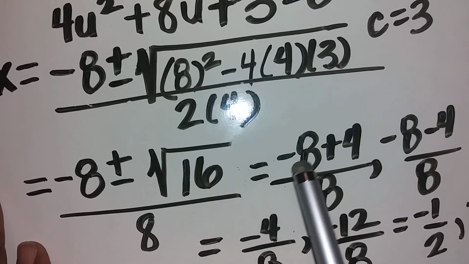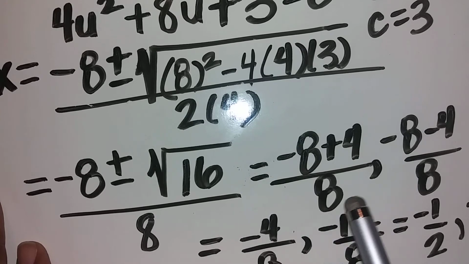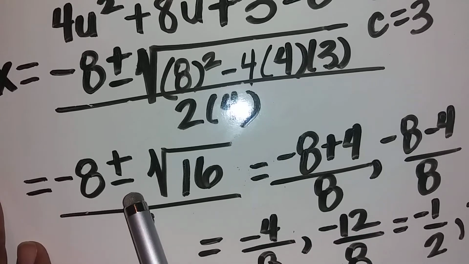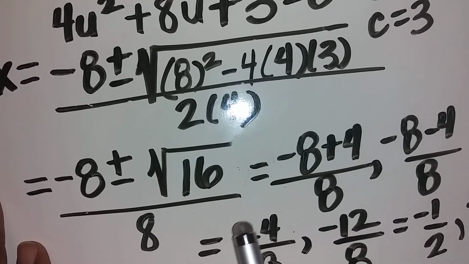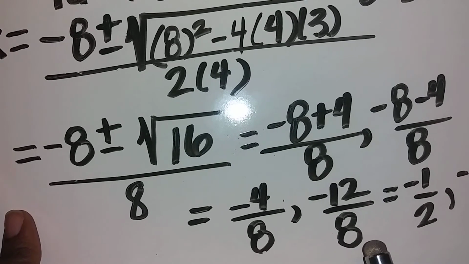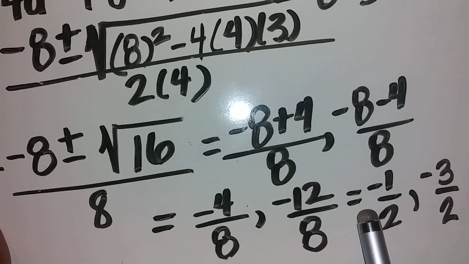So now I have negative 8 plus the square root of 16, which is 4, over 8, comma, negative 8 minus this time 4 over 8. Simplify my numerator. I got negative 4 over 8 for my first answer. And my second answer, I got negative 12 over 8. Simplify these two fractions, and I got negative 1/2 and negative 3 over 2. And that's my answer for number 21.